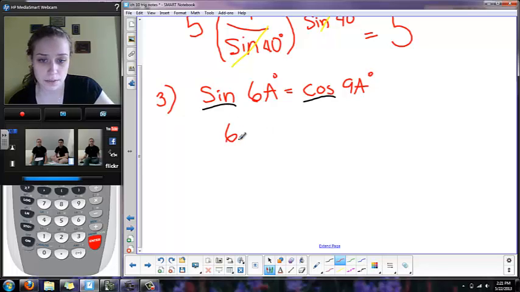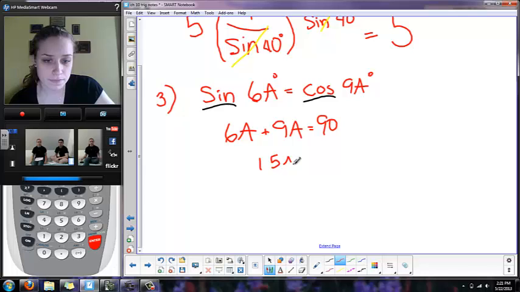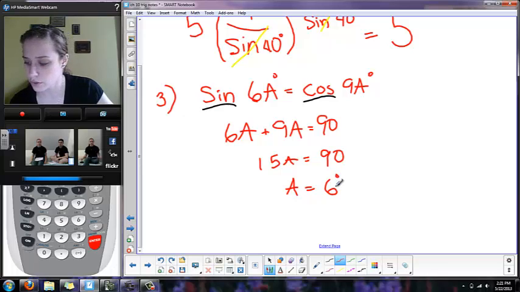So 6a plus 9a have to add up to be 90 degrees. So that is 15a is equal to 90, which means that a is equal to 6 degrees, which is choice C. Okay?